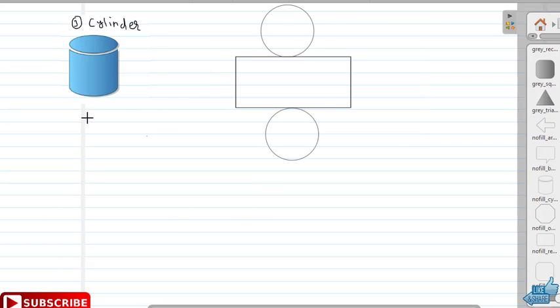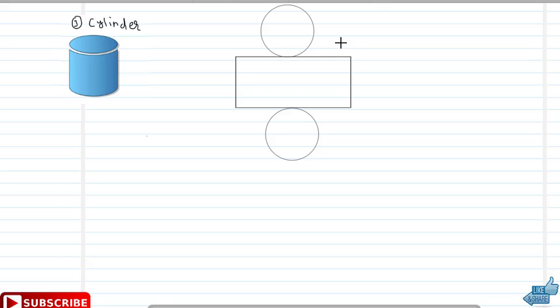Number one, TSA of cylinder. Now observe that the total surface of the cylinder consists of first a circle, so the area of the circle is pi r square. The second circle, that is pi r square again, so plus pi r square. And the third one is nothing but the rectangle.